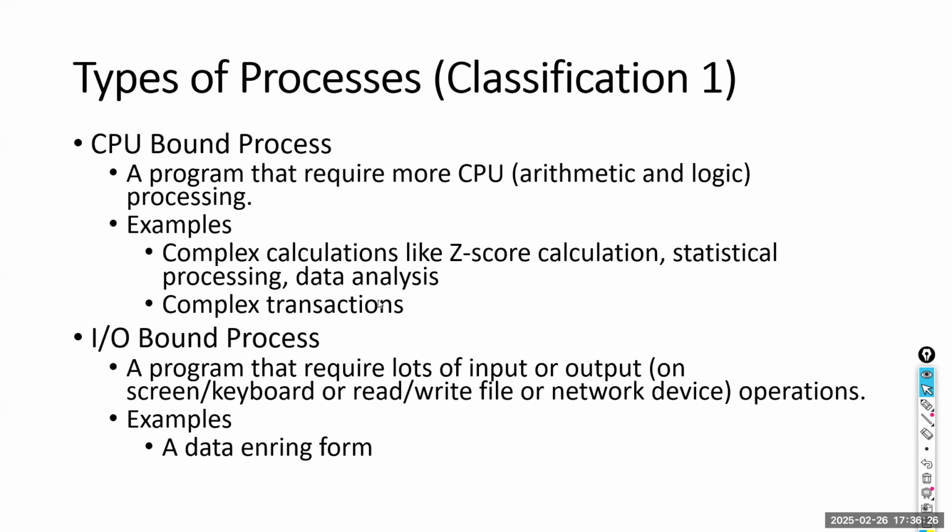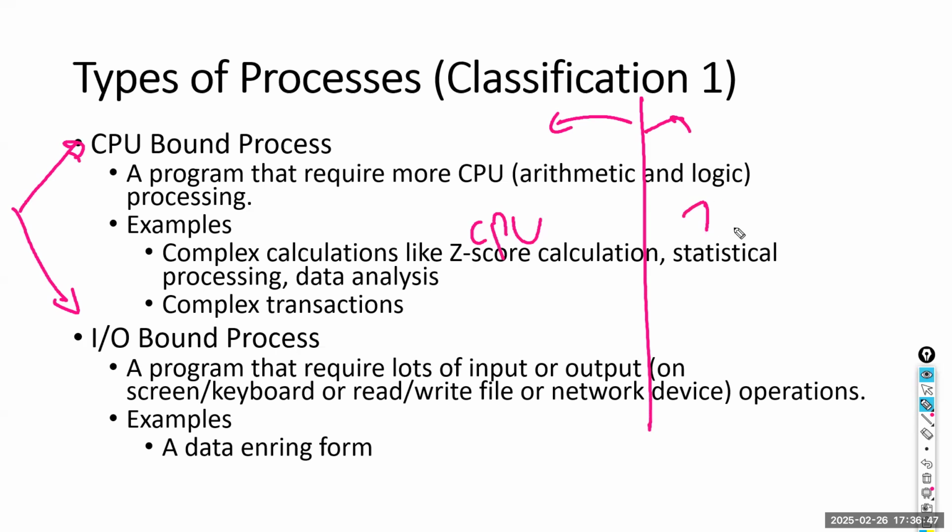We can classify processes, meaning running programs, into two categories. One is CPU bound processes. The other category is IO bound processes. Again, there are no hard and fast rules. Say from the left-hand side we have CPU bound and from this line, right-hand side, we have the IO bound.